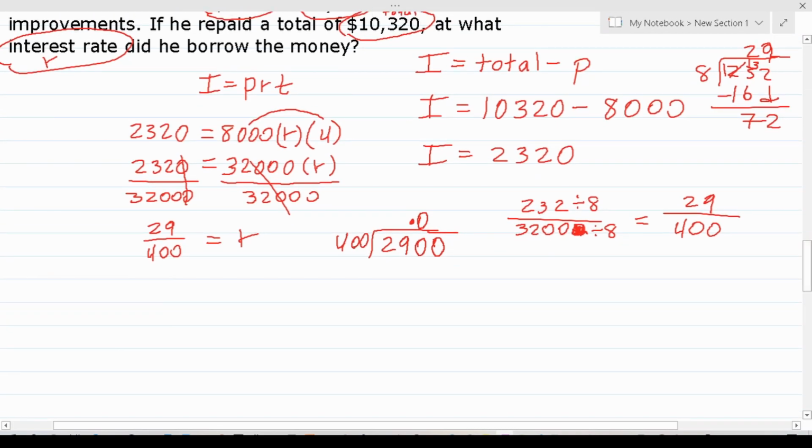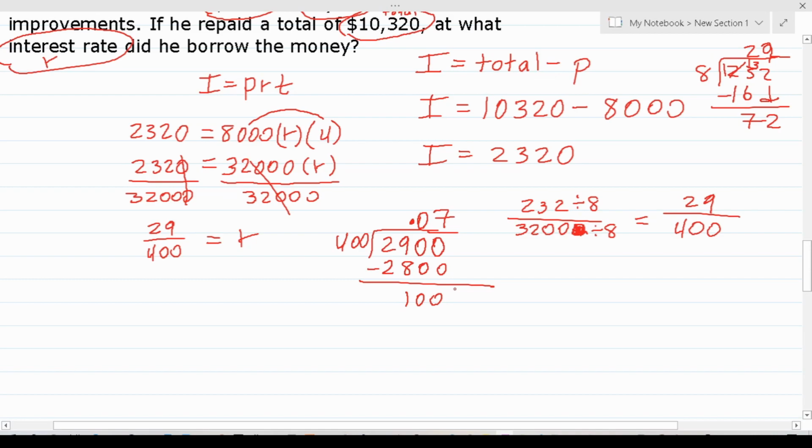Now the question is, how many times does 400 go into 2,900? Well, I know 4 times 7 would be 28. Therefore, I know 400 times 7 is going to be 2,800. Let's subtract. 2,900 minus 2,800 is simply 100.